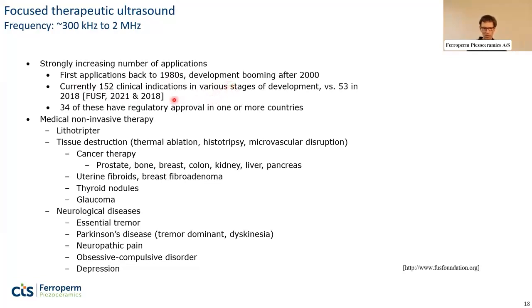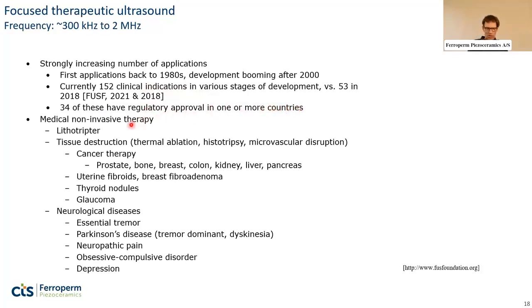So this is a very quickly expanding field. In 2018, it was only 53. So already now, 34 of these treatments of some clinical conditions have approval in one or more countries.